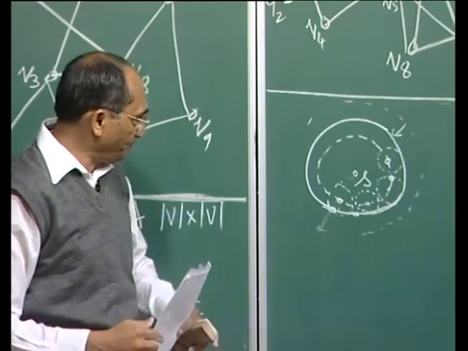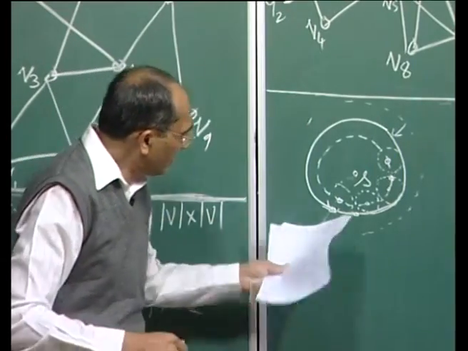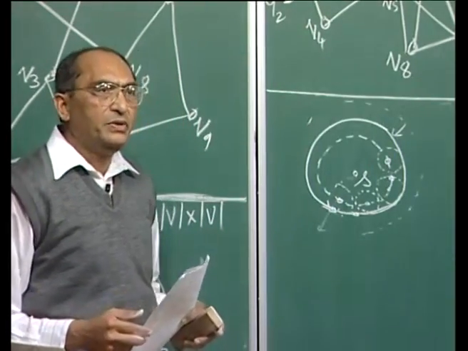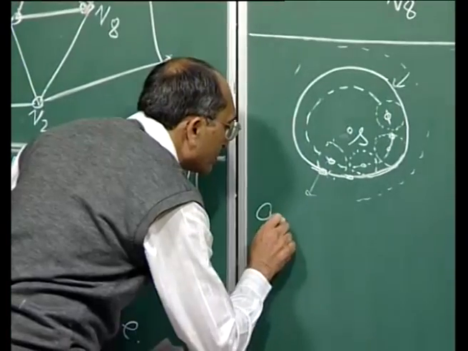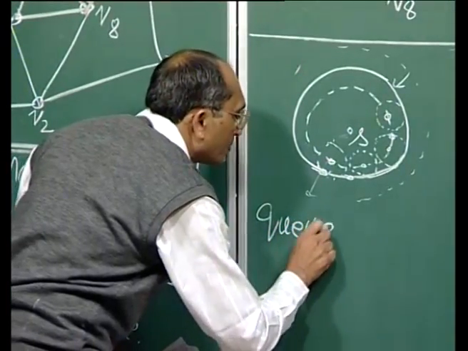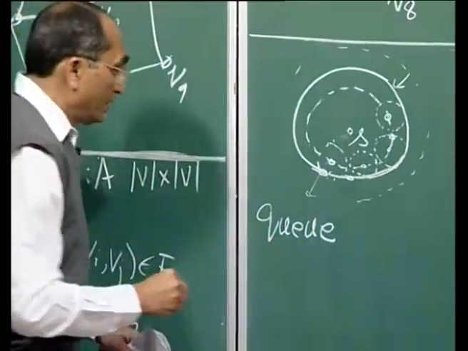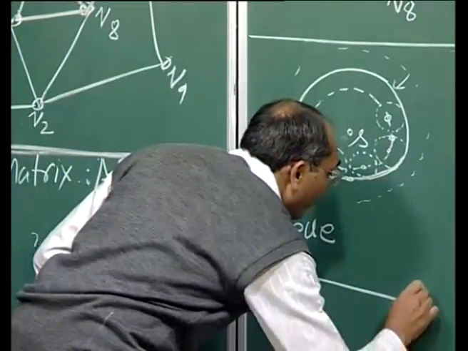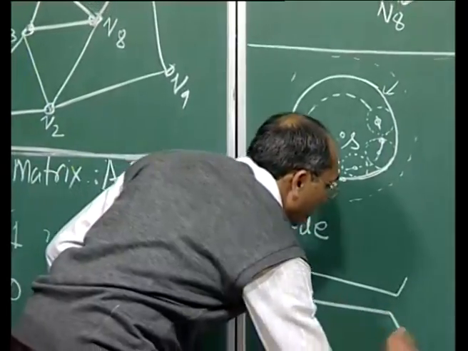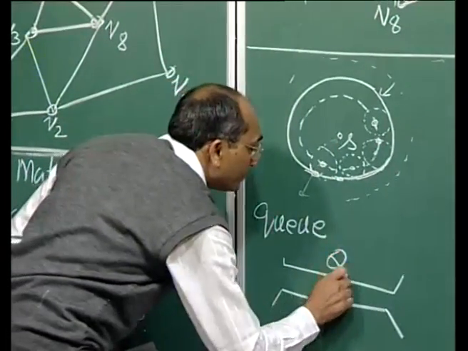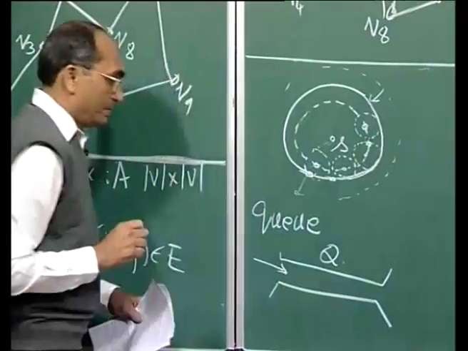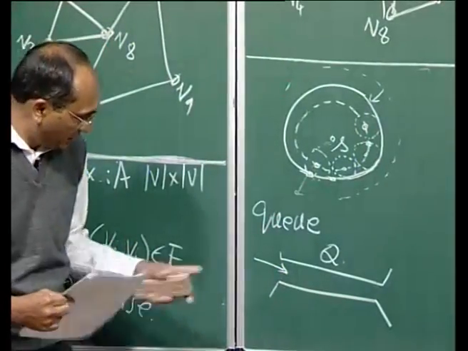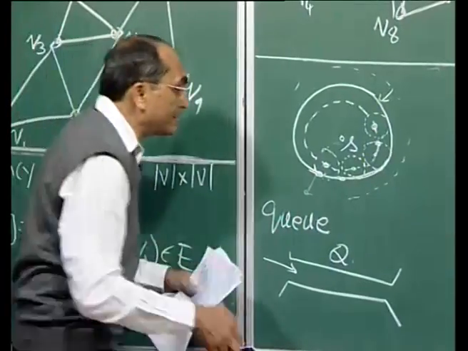This is the idea. Now, in computing this, we are going to use a data structure Q. Where, of course, you know that an element enters into the queue from one end and exits from the other.